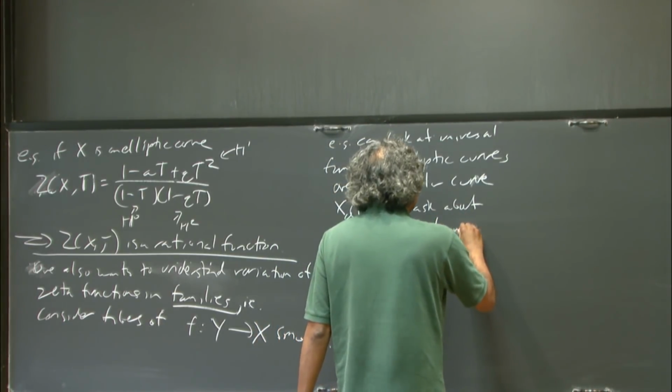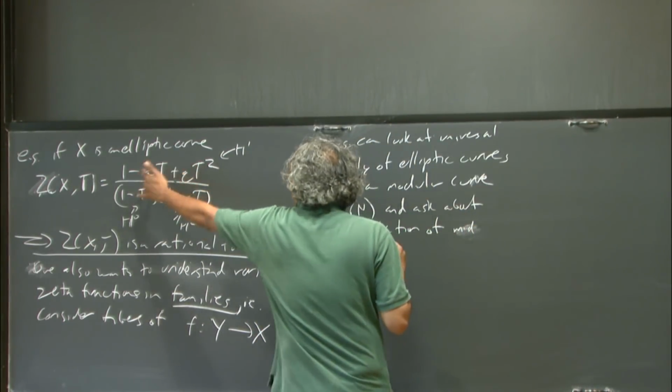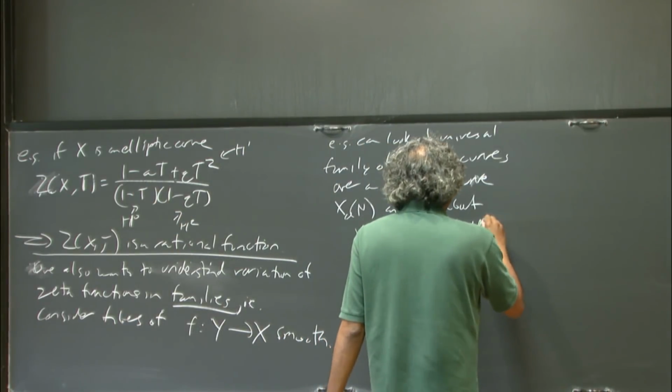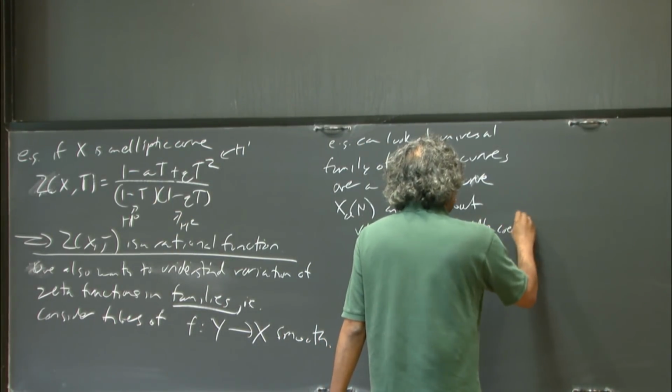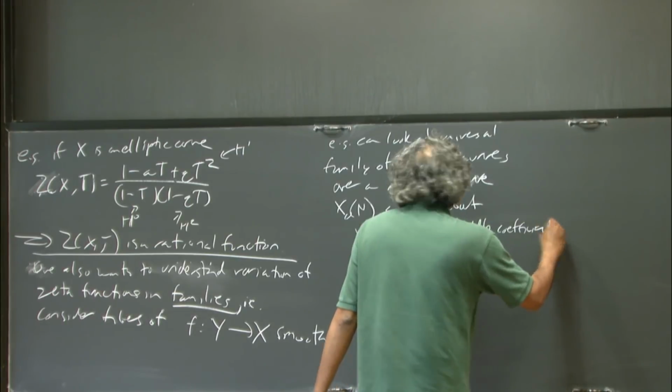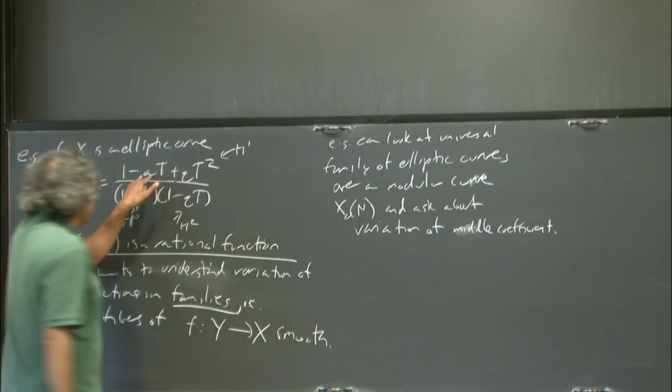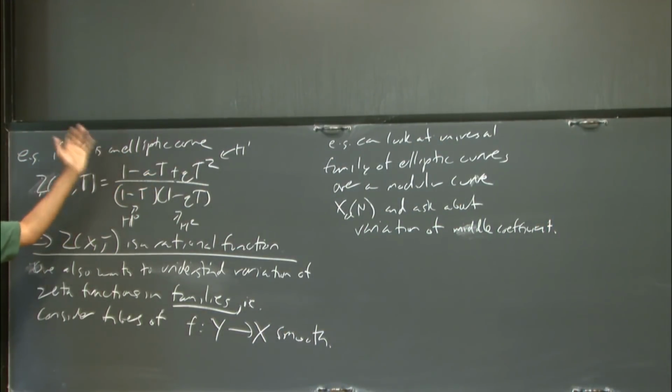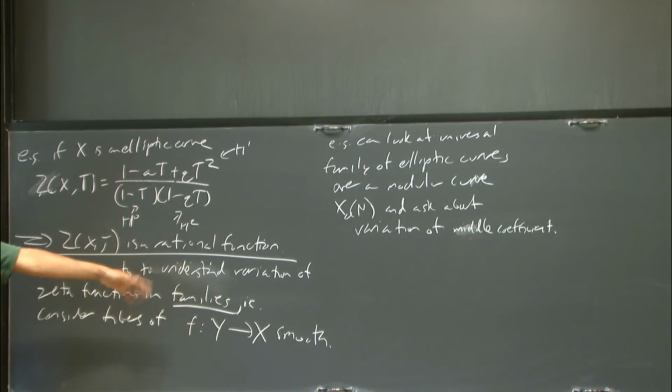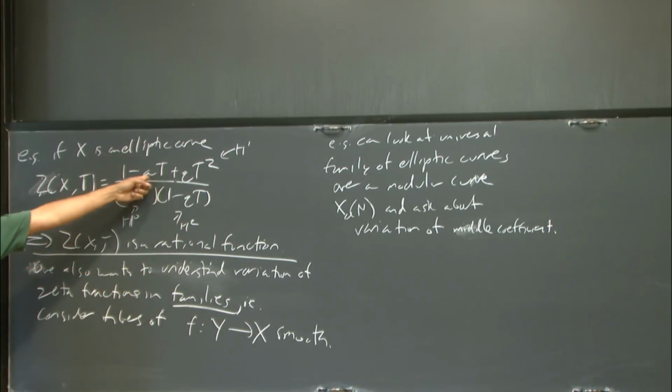The middle coefficient. There's only one coefficient that doesn't depend just on q. So the a is somehow the interesting parameter. And you'd like to be able to understand, as you vary over elliptic curves in some family, what can you say about how this thing varies?